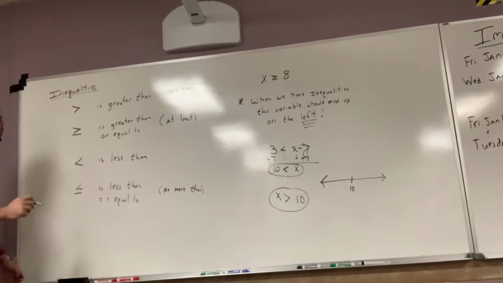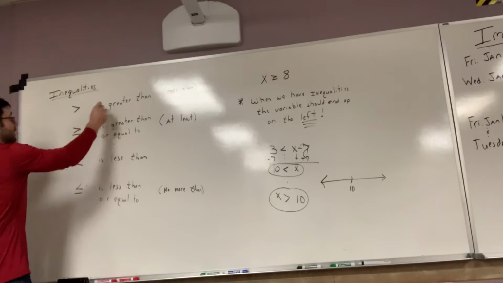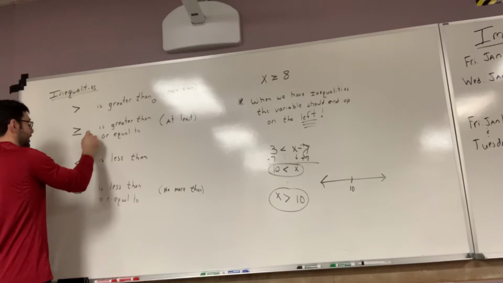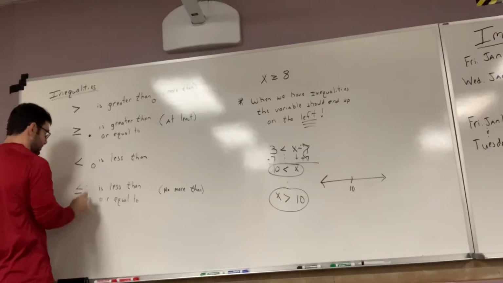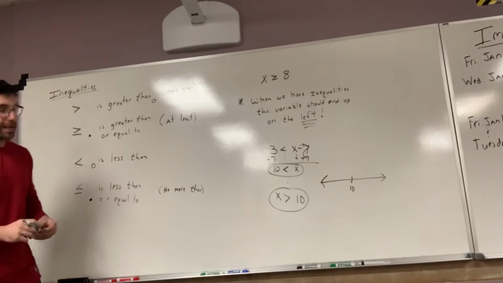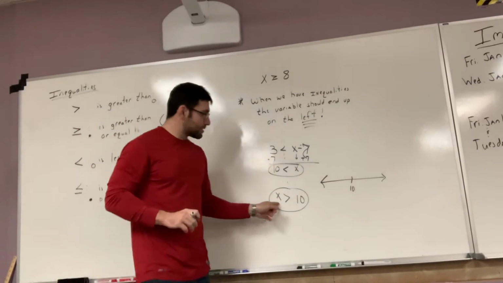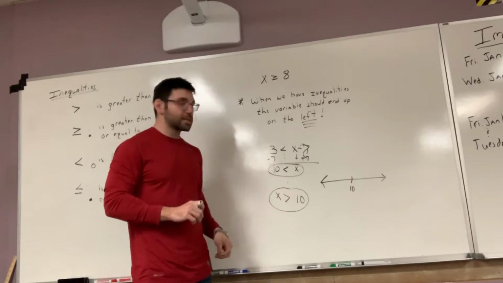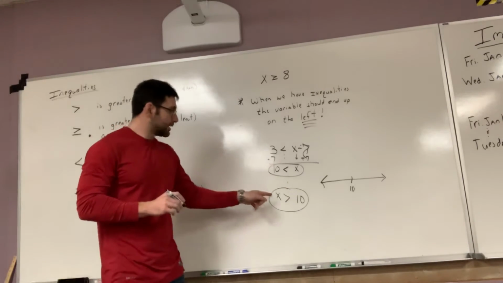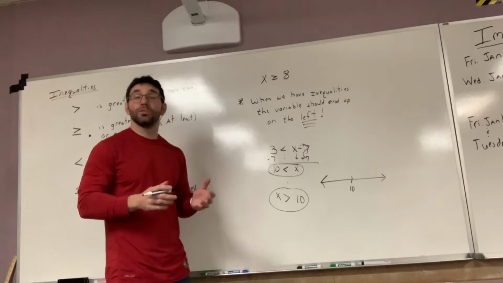Now let's come back over here real quick. I'm going to put some circles next to these guys. Is greater than is going to have an open circle. Greater than or equal to is going to have a closed circle. Open circle, closed circle. Here's why. Is my solution, if I want to substitute something in for x, can I substitute in 10? Does 10 make this true? Well, let's see.